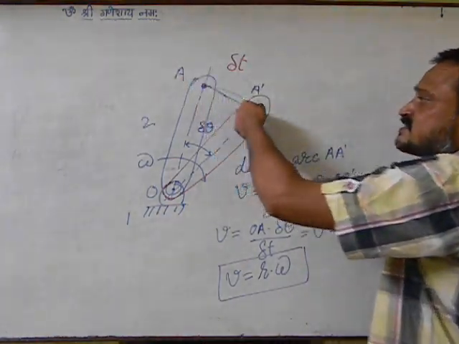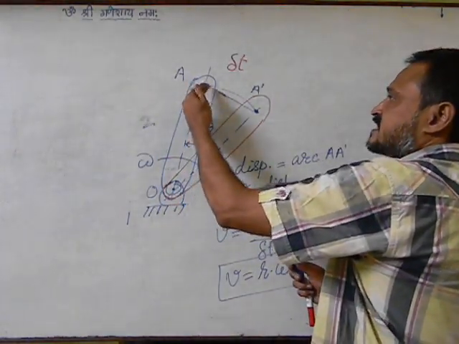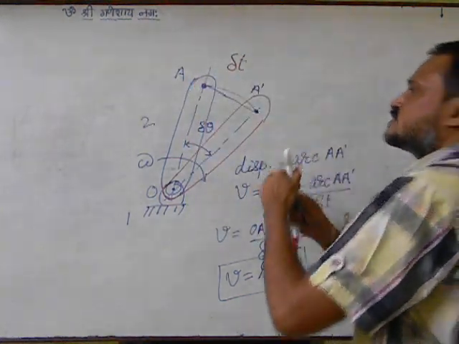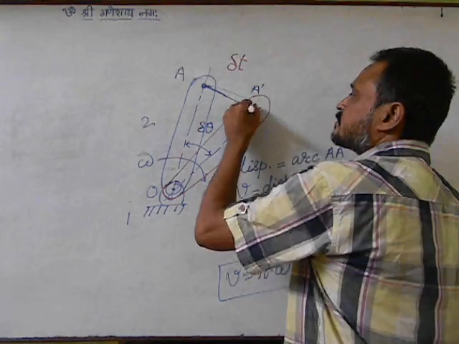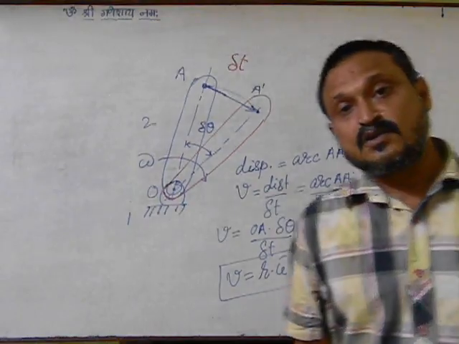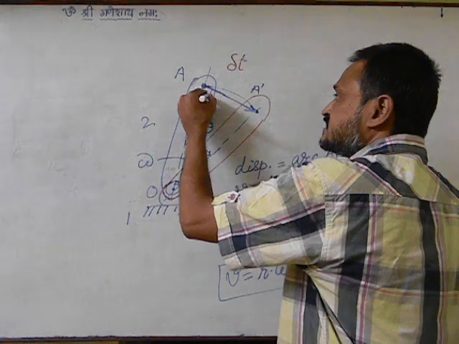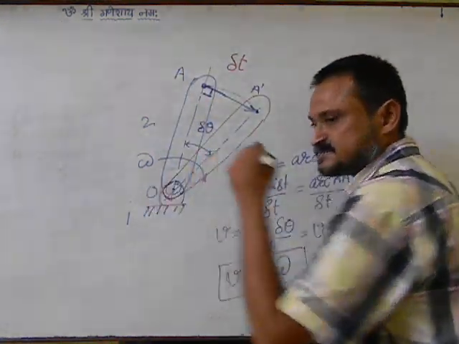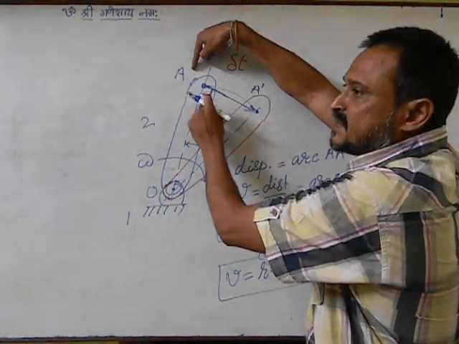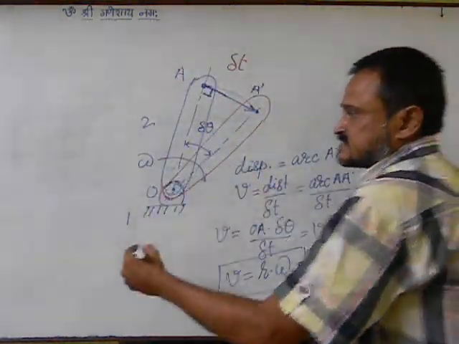And what is the direction of displacement? It has moved, I have shown it turning clockwise. So the displacement vector from A to A dash is towards the left, and this vector will be in the direction of this chord, right? For an infinitesimally small condition, you'll see that the velocity vector is perpendicular to the radius OA.